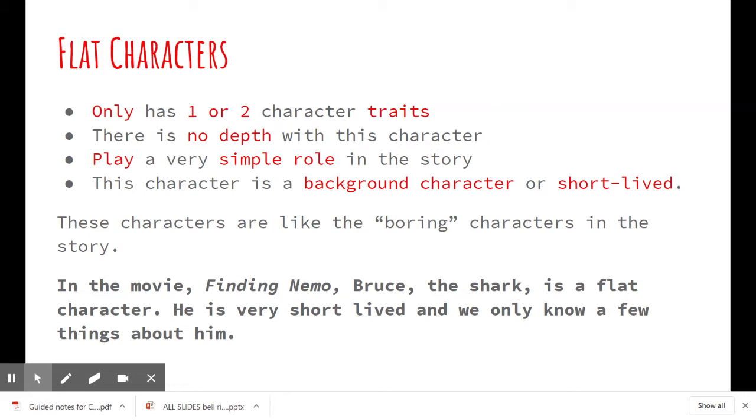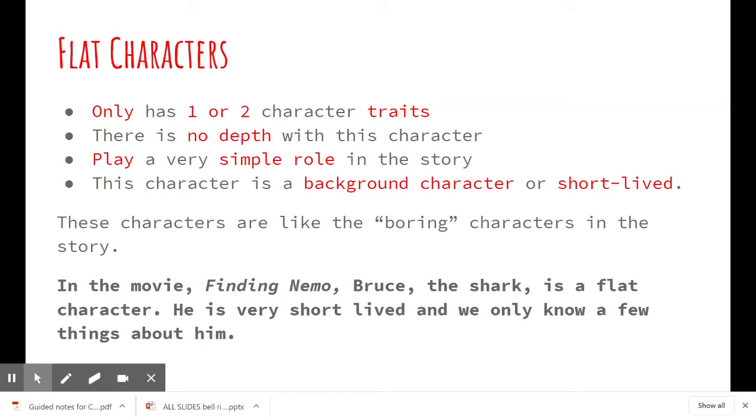So I don't remember if you ever did this in your class, but Flat Stanley was something that they've done in elementary schools where you have basically a two-dimensional character and you send it around to people and then they take pictures of what your Flat Stanley did with them. Okay, it's just drawn on paper. So an example of a flat character would be like a Flat Stanley. He's even called Flat. Okay, so if you ever did that, that could help you.